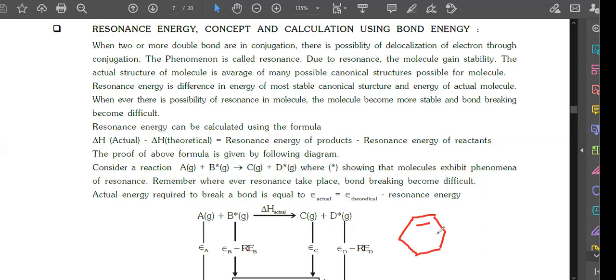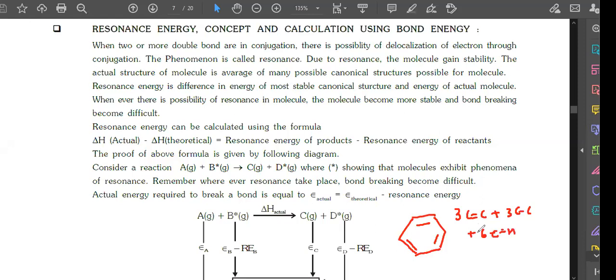So this is your structure of benzene. Yes or no? So what would be theoretical bond energy of this benzene? It would be something like this: 3 into C double bond C plus 3 into C single bond C plus 6 into CH bond.